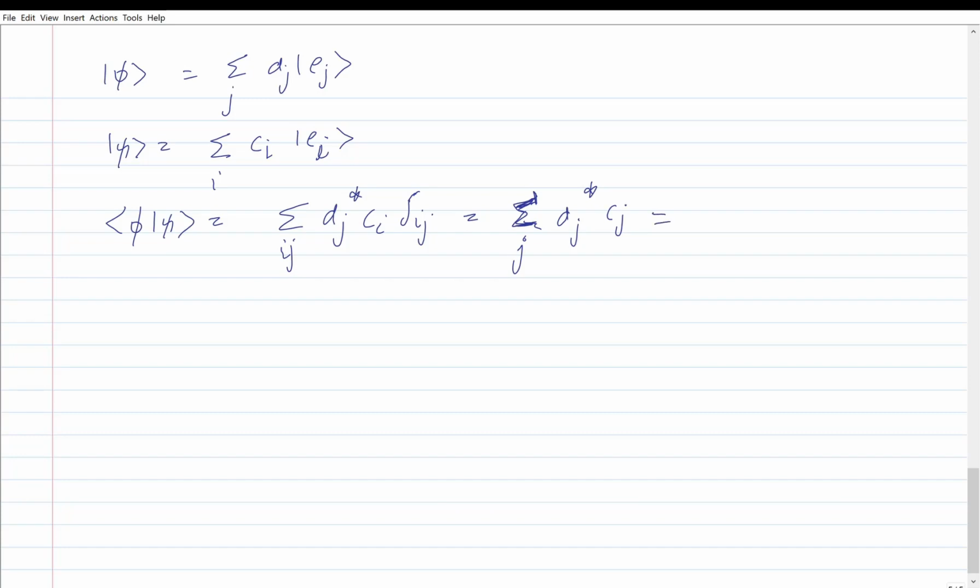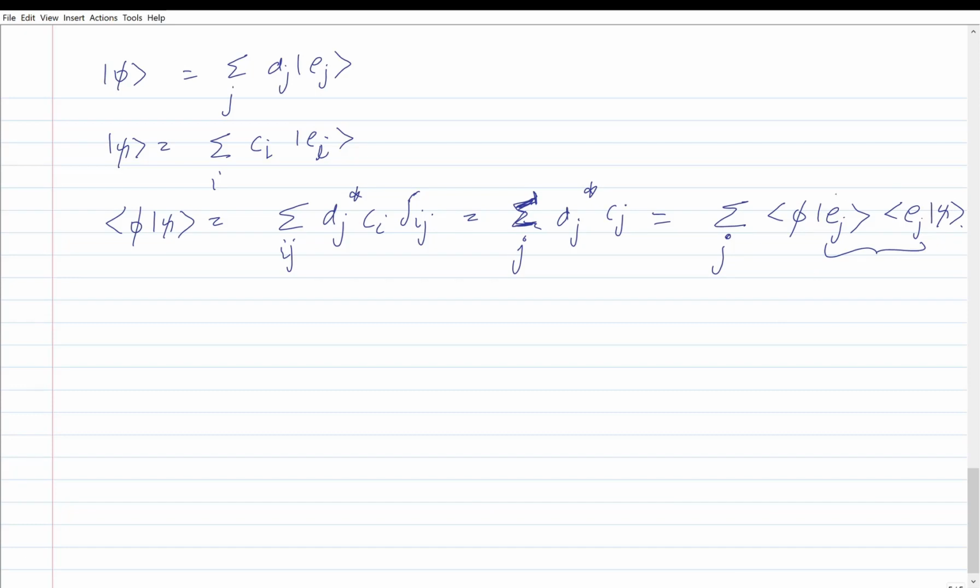Well, that is nothing but the sum over j. What is dj star? Dj star from there, as we have already seen, is going to be this quantity, and cj star is going to be this particular quantity. And if you look at it, this is just the identity element.